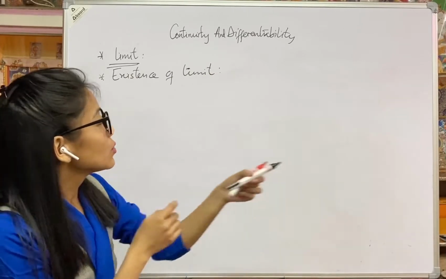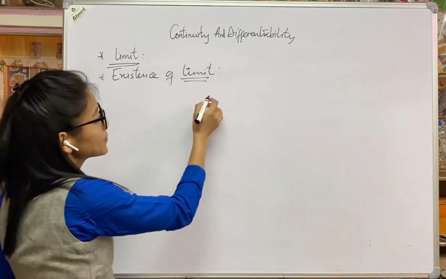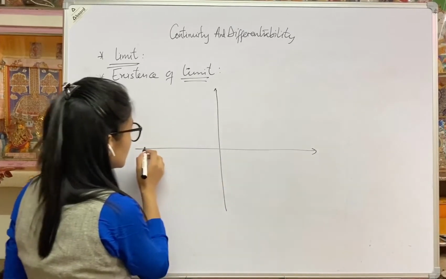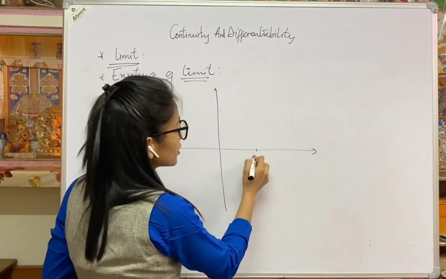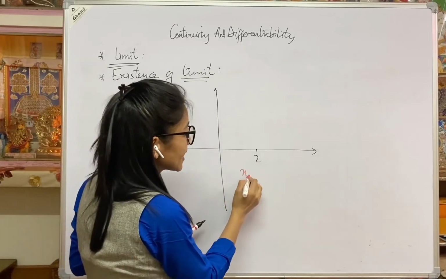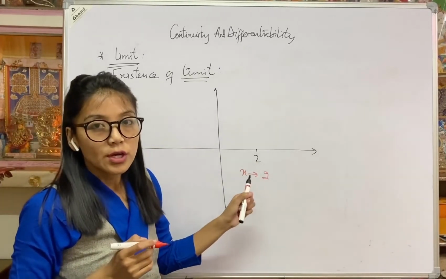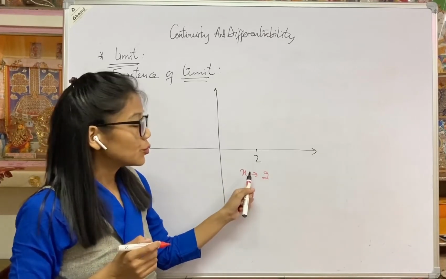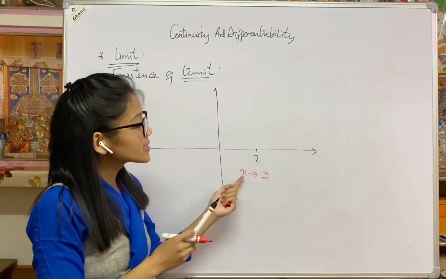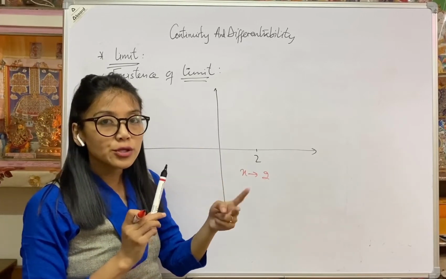Okay, now when do we say that a limit exists or a limit does not exist? Now we are going to use the definition of limit. In the previous example we had taken point 2, so we had written x tends to 2. When x tends to 2, f of x will tend to a certain point. Now when I say that x tends to 2, x can tend towards 2 in two ways.